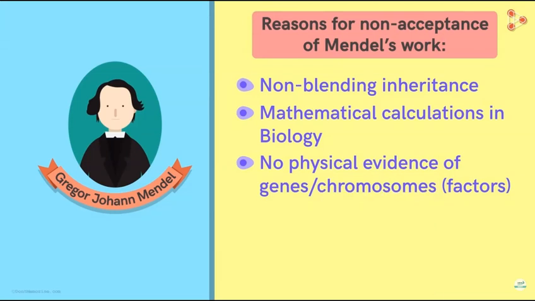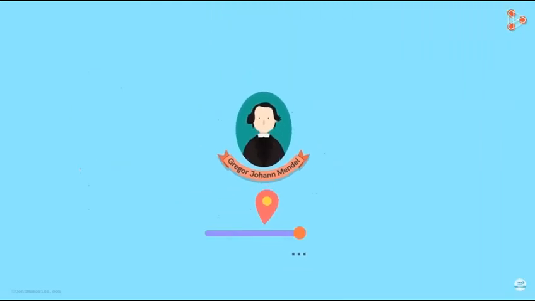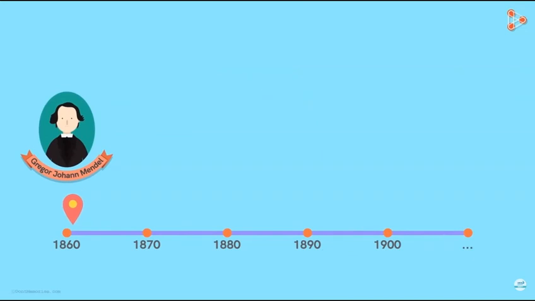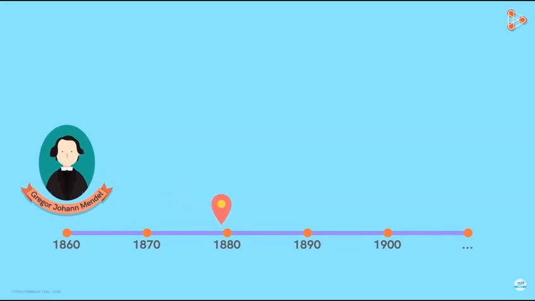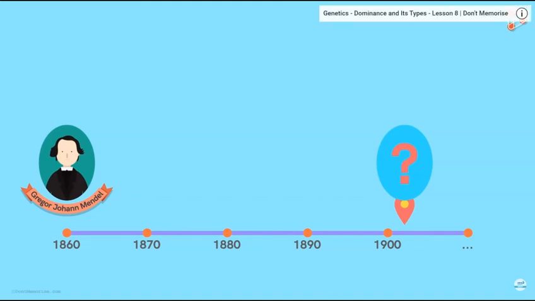Due to all these reasons, Mendelian genetics remained dormant for several years. After being almost rejected in the mid-1860s, Mendel's work remained unnoticed until the beginning of the 20th century. So what exactly happened in the early 1900s? Who shined a light on the remarkable contribution of Gregor Mendel? Let's find that out in the next part.